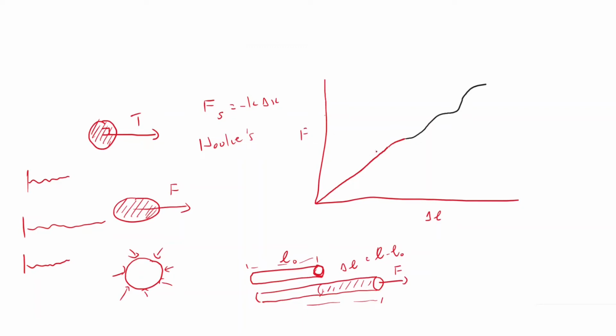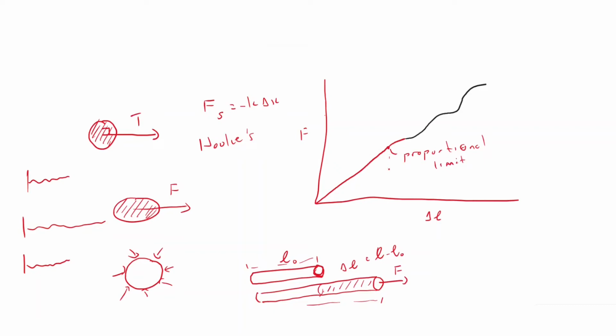So now if we label it, when you reach some point here, this point is what we call the proportional limit, meaning that it's going to be proportional, it's going to obey Hooke's law until this point.